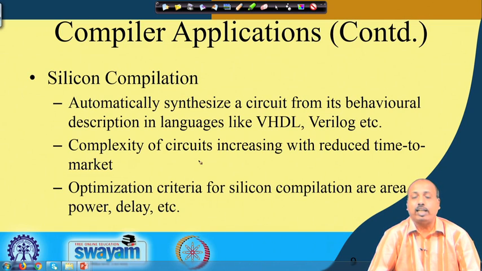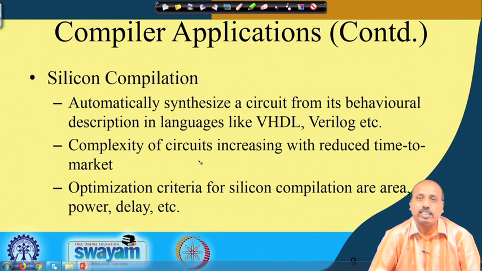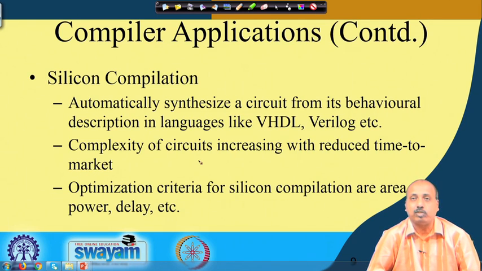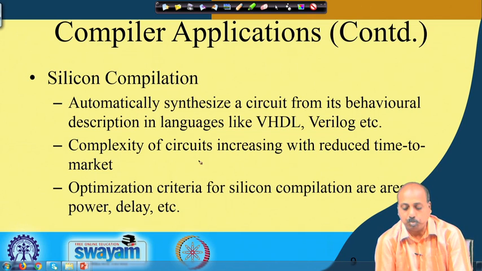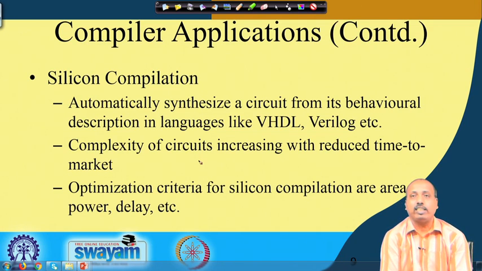When you are writing programs for execution by a processor, the optimization criteria are the speed of execution and the memory requirement. But when you are doing silicon compilation, the optimization criteria are the overall area required by the circuit, the power consumption of the circuit, and the delay that the circuit will have.